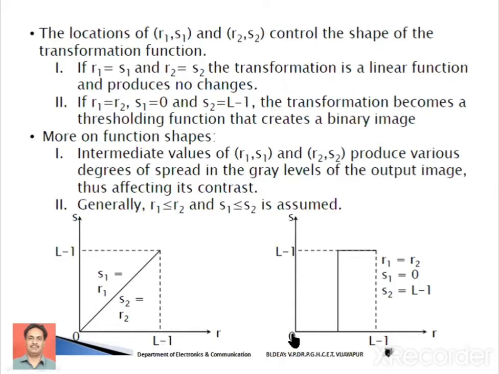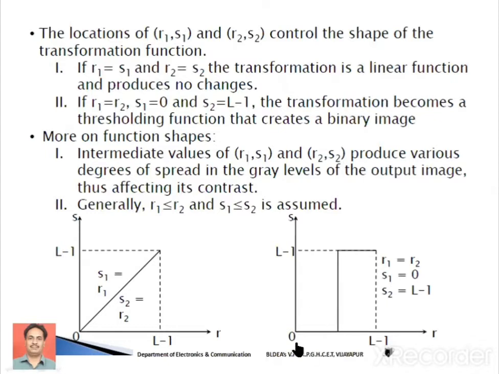In an image, all the intensities whose value is between 0 and this midpoint are mapped to 0, and all the pixels whose value is above this midpoint and up to L minus 1 are assigned the value 1. So this curve indicates that the gray level values in the image are assigned the values 0 and 1.